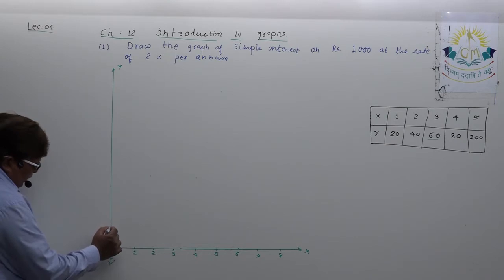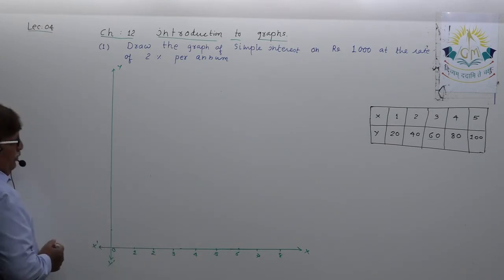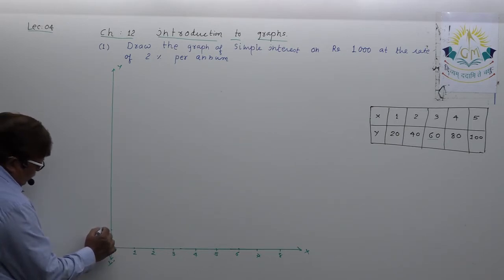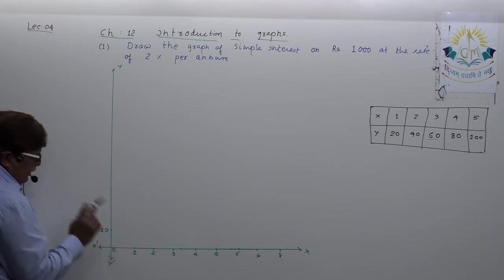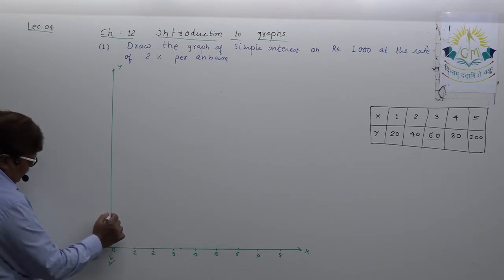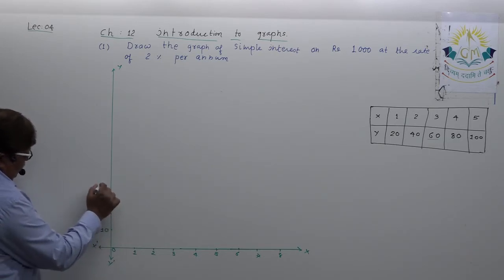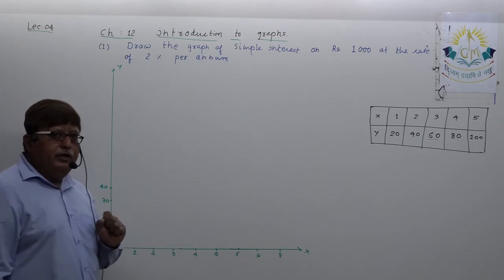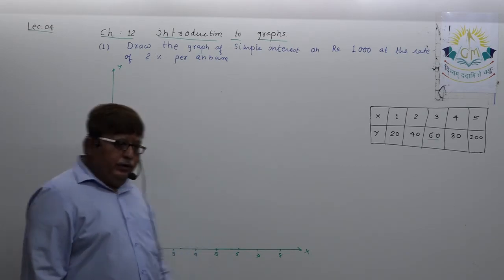I am taking a scale of 10 per centimeter. So this is 10, means per centimeter 10, then 20, then 30. Please understand this. 40. Per centimeter we have taken a scale of 10.